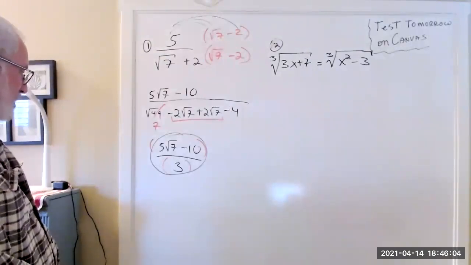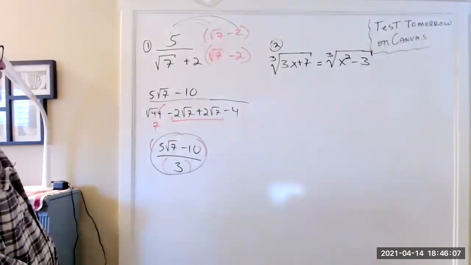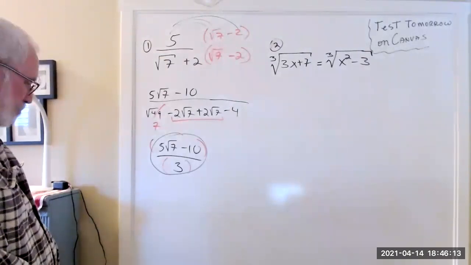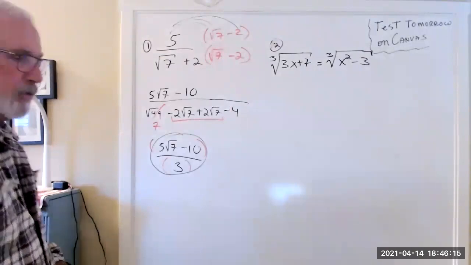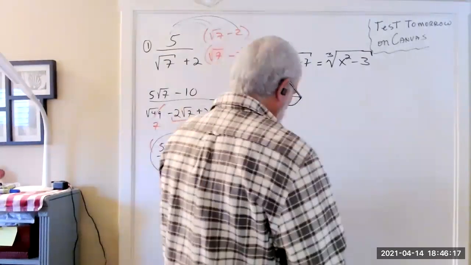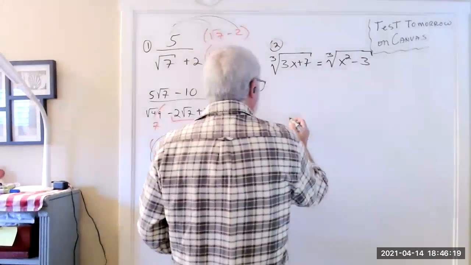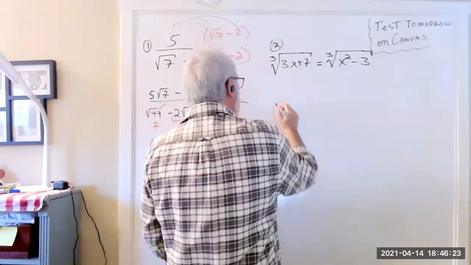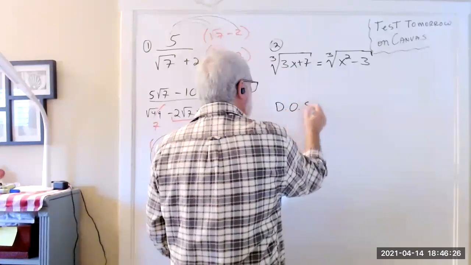So I went straight from doing the conjugate to going straight to 7 minus 4 because I could do it in my head. Is that going to be a problem on the exam? Nope. Think of it this way. Do you remember difference of two squares factoring?